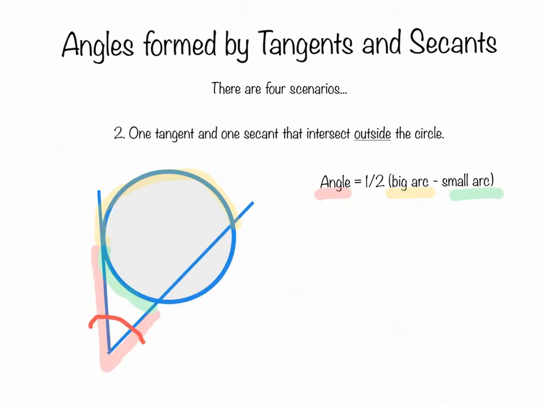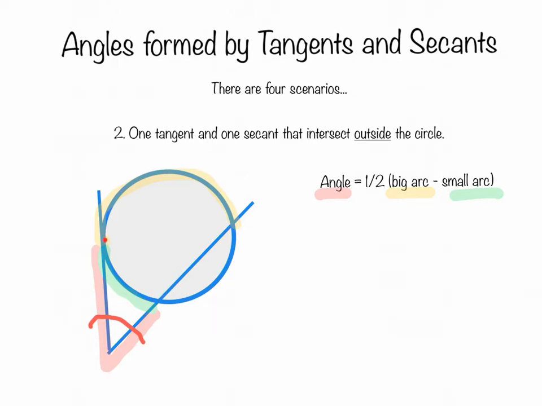In this next scenario, we have a tangent that intersects the circle at 1 point and a secant that intersects it at 2. And so we look in the interior of this angle and we see what the intercepted arcs are. This is going to be the big arc right here, the yellow, and then the green is highlighting the small arc.